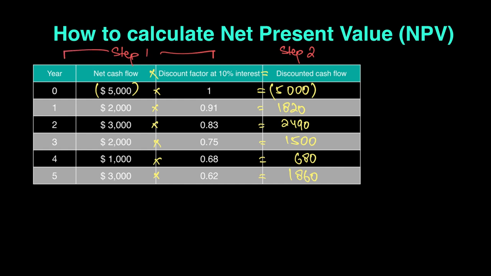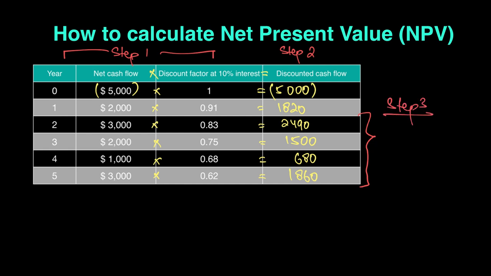Now we get to step number 3, and step number 3 asks us to add up all the positive cash flows from our table. The hint that I gave you was that these are all the numbers from year 1 onwards. So 1,820 all the way till 1,860, these are the numbers that we will add up. This is my step number 3.